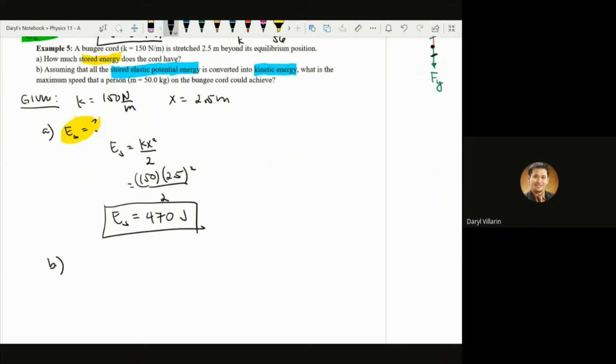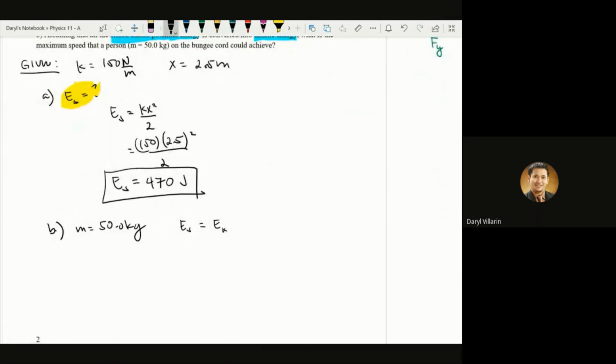Again, we're given that m is equal to 50.0 kilograms, and that E sub s is equivalent to E sub k. We're being asked to solve for v. Since the elastic potential energy is equivalent to kinetic energy, the value here is the same as the value here.